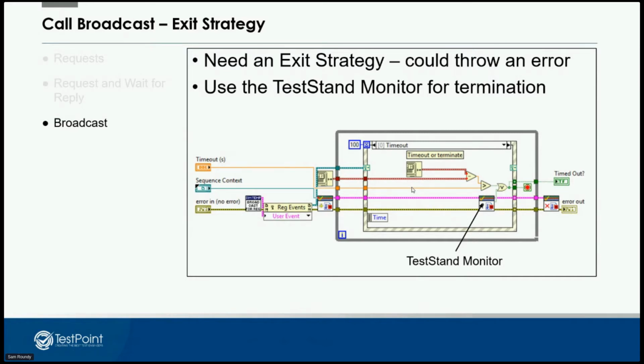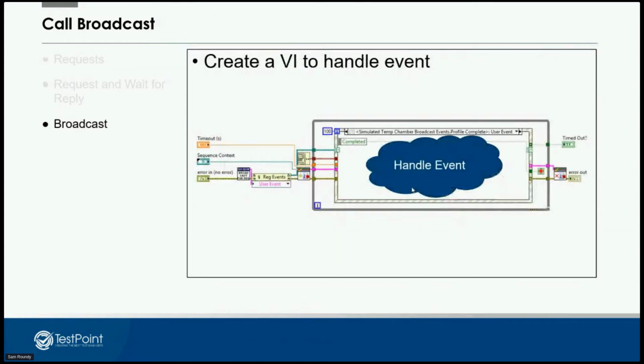No, okay, let me clarify. I said not to put TestStand code in my DQMH module. This VI that I'm showing is a wrapper that I wrap around the DQMH module. If you go back to here, this is where you would have that broadcast event. In this case, you're probably not going to have anything, because you're just waiting for the event to happen, and then you're probably going to pass the information back into TestStand.